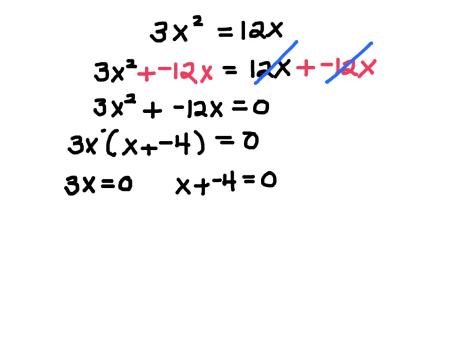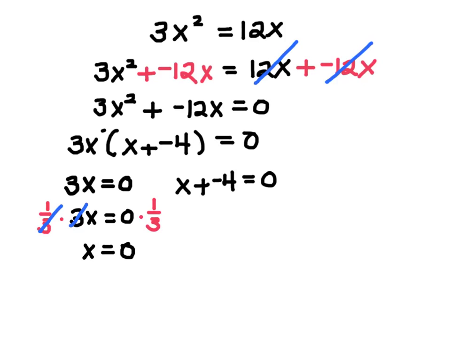Here, in our first one, we're going to multiply both sides by the multiplicative inverse of 3, and that's 1/3. To keep our equation balanced, we must do it to both sides. 3 times 1/3 is 1. So the left-hand side is x, and the right-hand side is 0 times 1/3, and anything times 0 is 0.